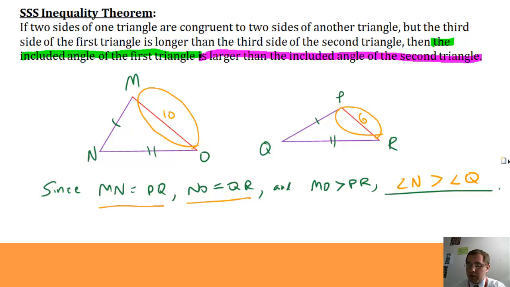If we know that one side is greater than another side in a different triangle, and the angles opposite them, we can write as greater than.